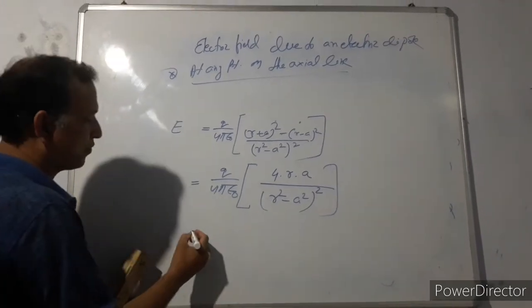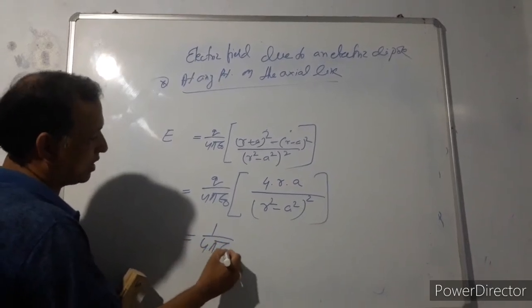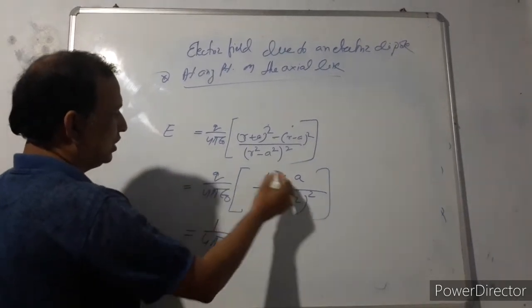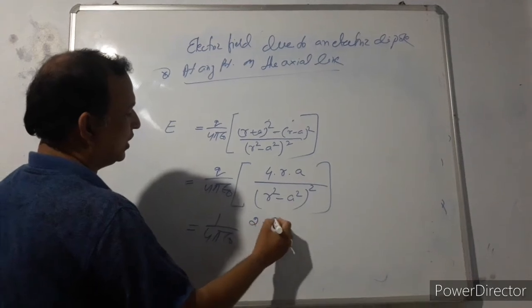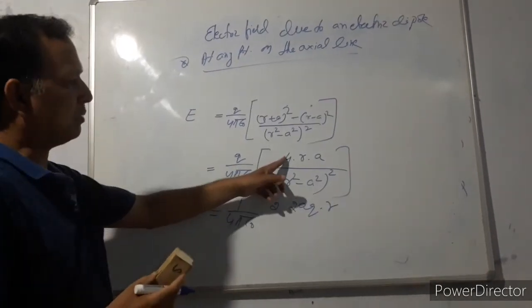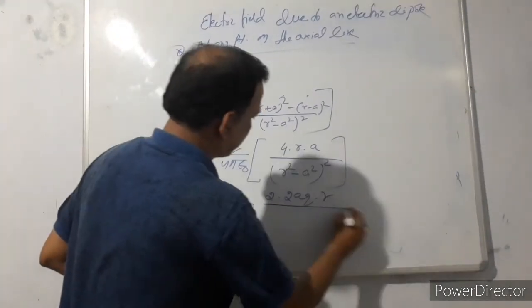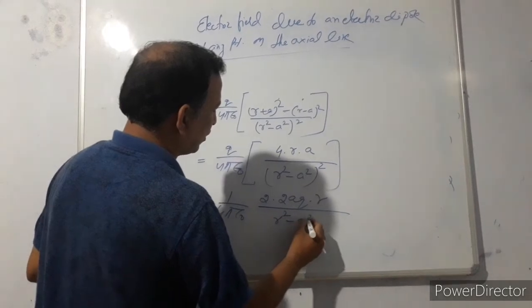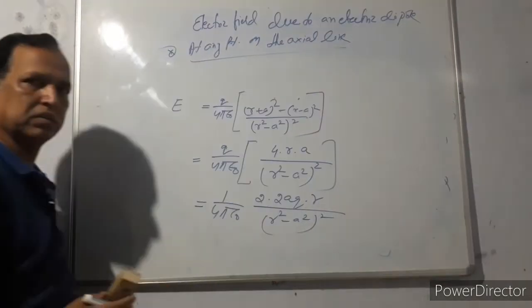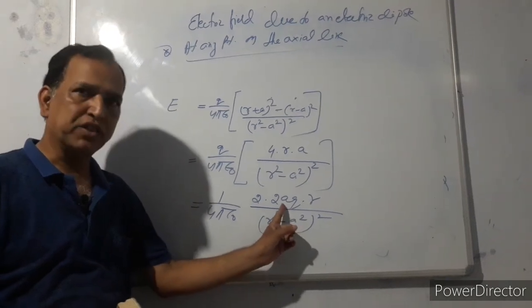So now that is equal to 1 by 4 pi epsilon naught, q into 4ar, that is 2 into 2a into q into r, by r square minus a square whole square. 2aq is the dipole moment.